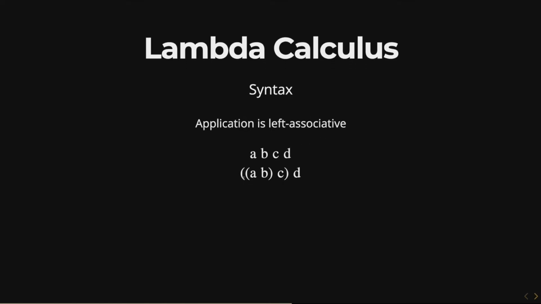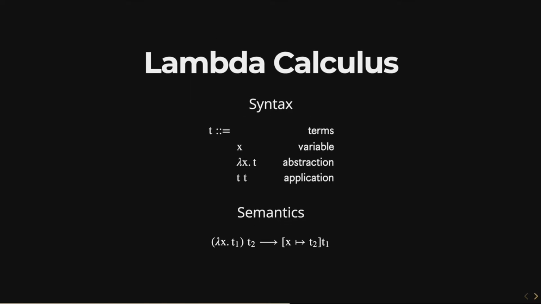And that you compute by essentially applying a lambda abstraction to a term, and the result of this is the body of the function where the formal parameter is replaced by the argument that you're passing in here.